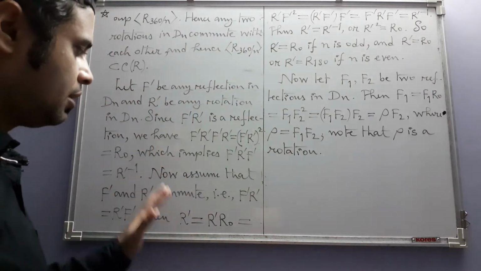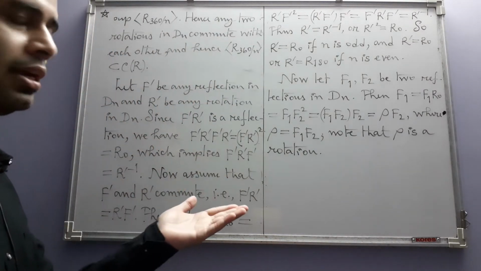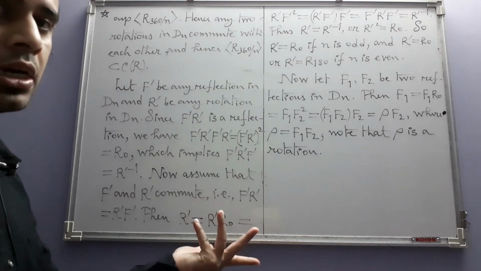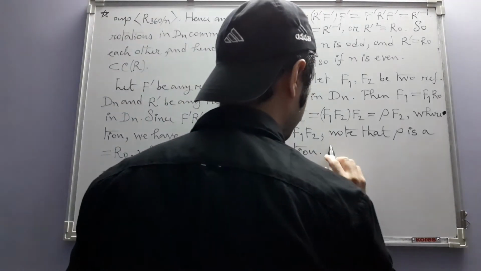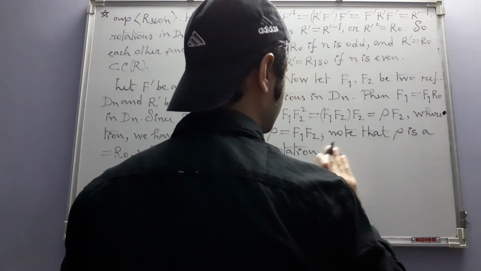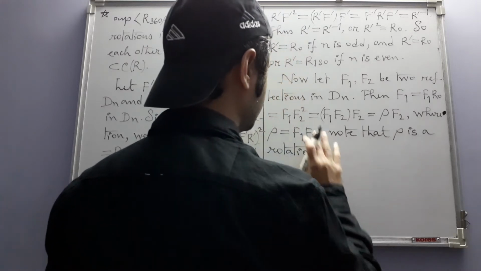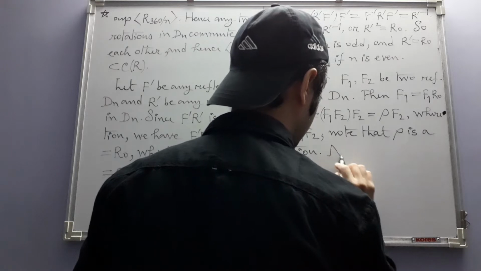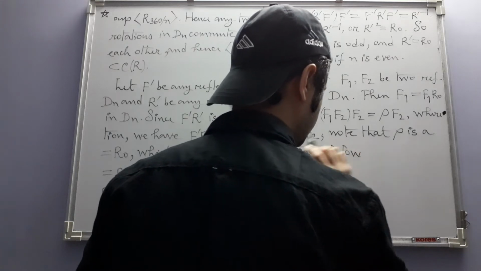Okay, now if we assume that F1 and F2 commute, then what happens? Fine, we can write now.